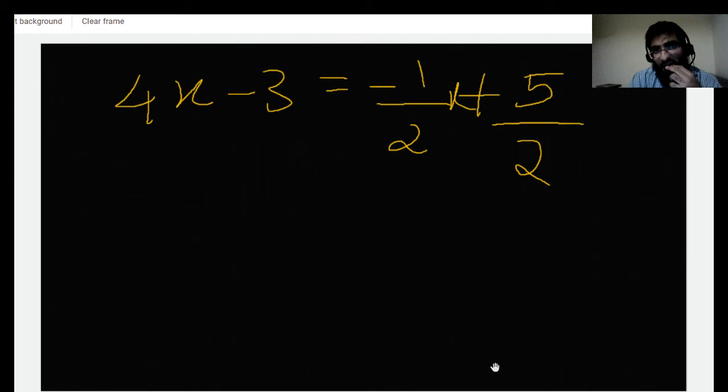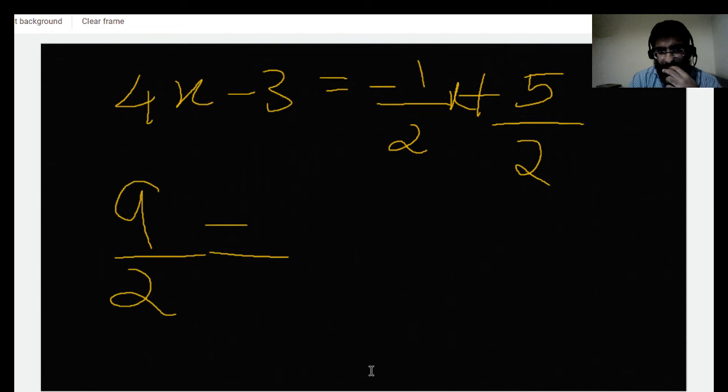4 plus 1 by 2 is 9 by 2. 9 by 2 is equal to 5 by 2 plus 3, which is equal to 11 by 2. So then x is equal to 11 by 2 into 2 by 9, which gives me that x is equal to 11 by 9.